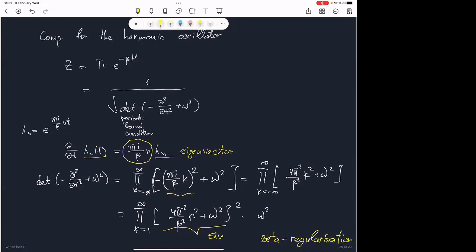This is always the same story: whenever you deal with these path integrals, you always get some infinity, some divergence, and then you need to regularize. Maybe I'll come back to zeta regularization later, but right now I don't want to talk about it because I don't know if I can explain everything in time. So this is how to compute these determinants.